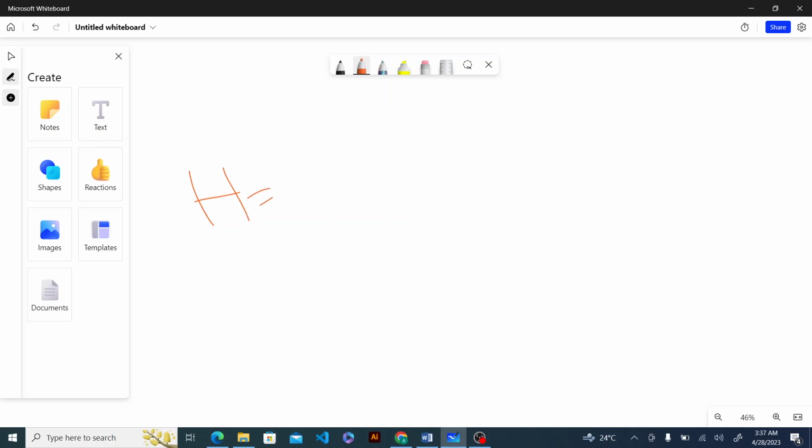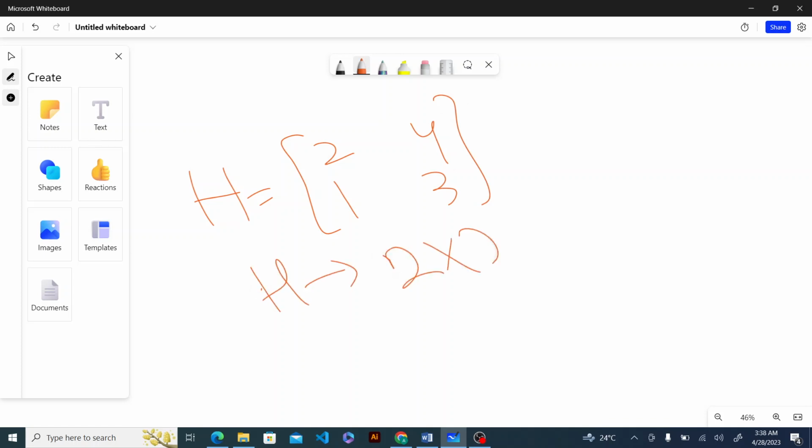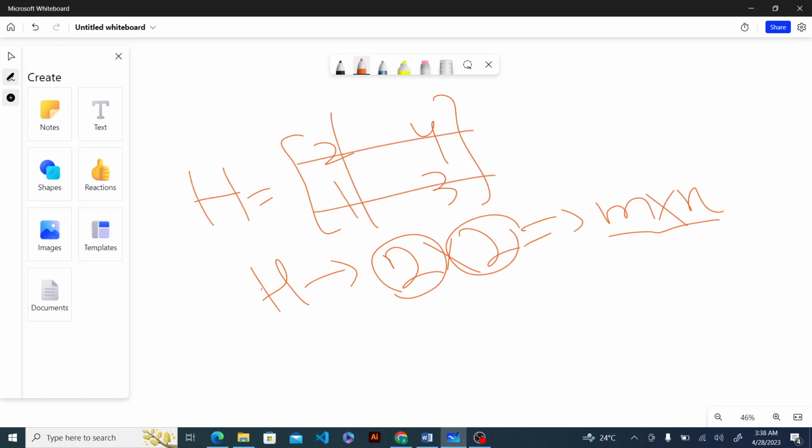Here's a matrix H which is of order 2 by 2, and the number of rows and number of columns are equal because it has 2 rows and 2 columns.